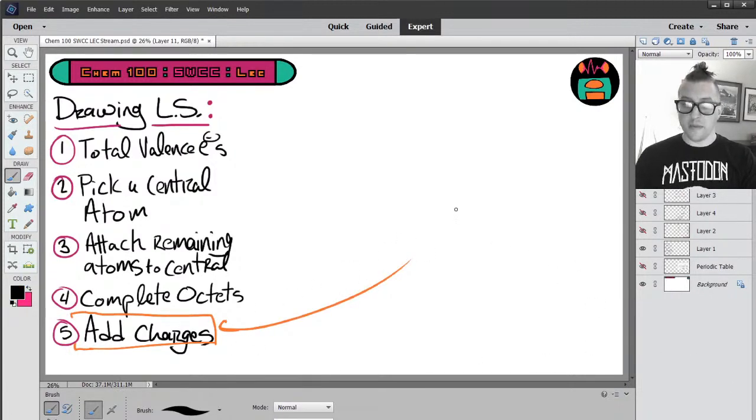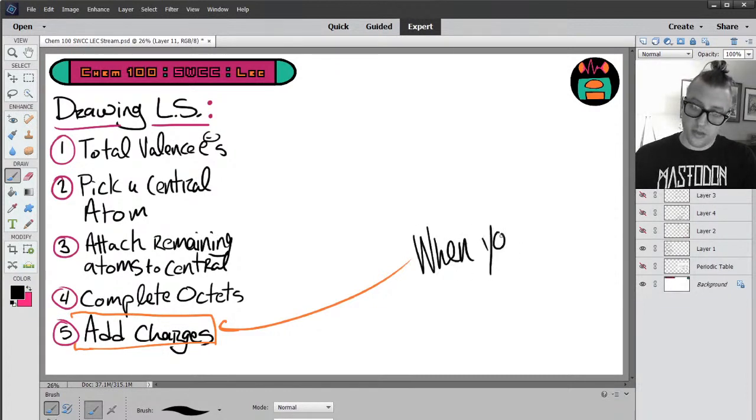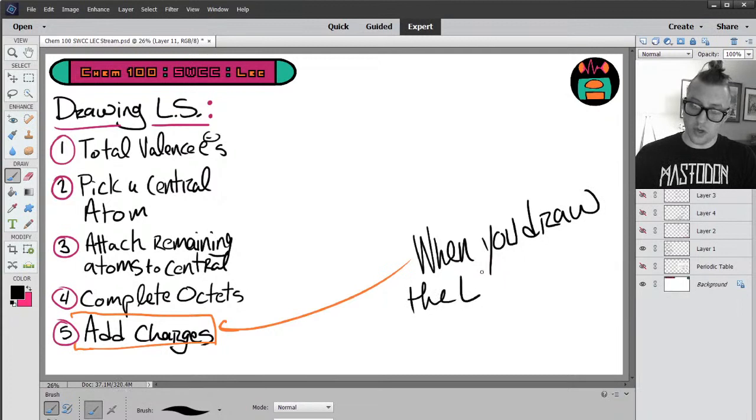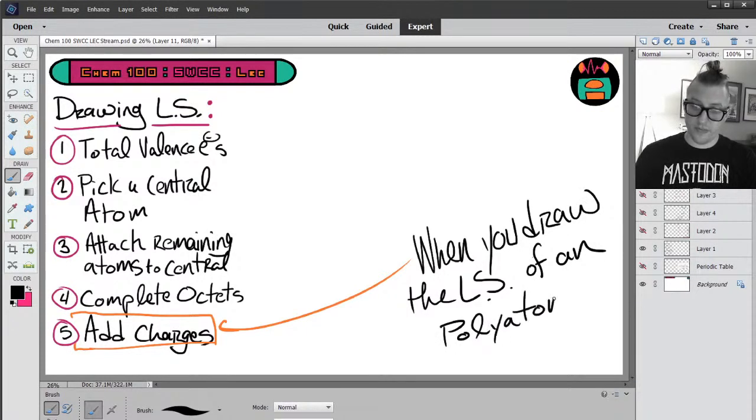And it will only come into play when you draw the Lewis structure of an ion, specifically a polyatomic ion.